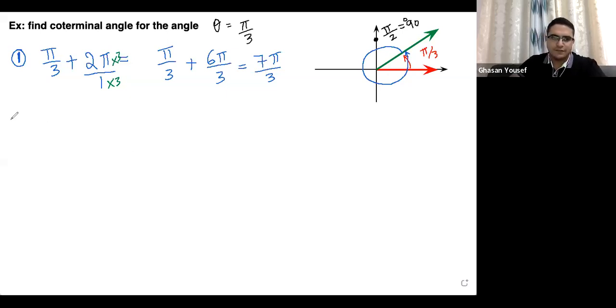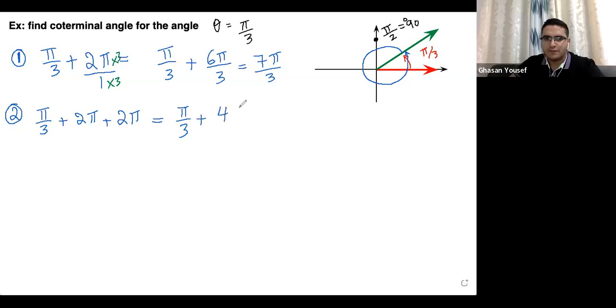Now the second angle. You just keep adding 2 pi. So 7 pi over 3 plus 2 pi. What is the answer? 2 pi plus 2 pi is actually 4 pi, so this is pi over 3 plus 4 pi. Now make the denominators equal.